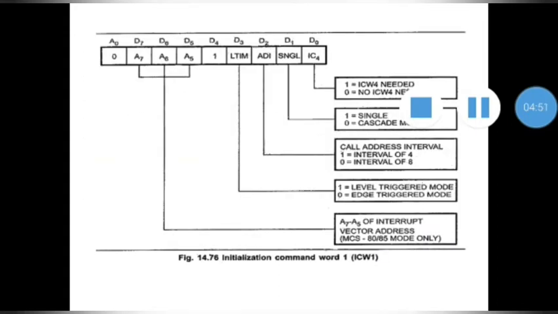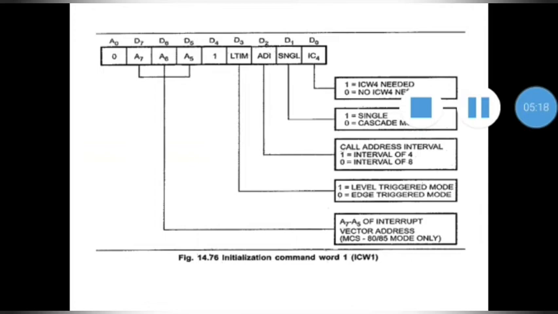This is the format of initialization command word 1. It contains 8 bits, the data bits D0 to D7, and A0 is 0. This indicates that you are using initialization command word 1.